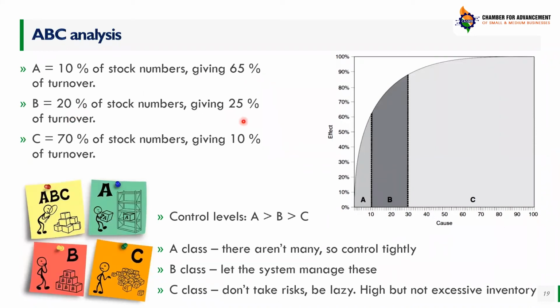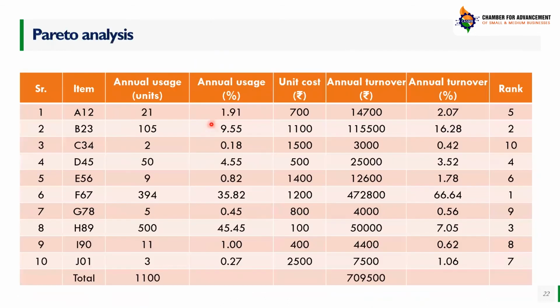We have 10 items, and 10% of the 10 items is just one item. So one item is giving turnover close to 65%. 20% of the 10 items is two items. So two items are giving us 25%, and the remaining items are giving 10%. So approximately this thumb rule is working well here.